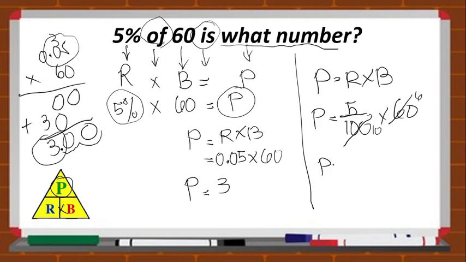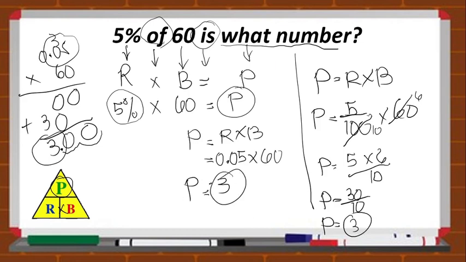Then multiply: 5 times 6 over 10. Then P equals 5 times 6 is 30 divided by 10. Then P will be 30 divided by 10, which is 3. So we got the same answer.